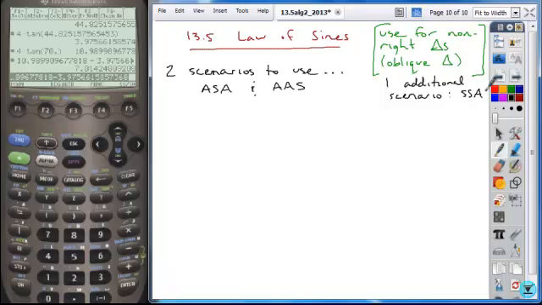So what this means is, let's say you have triangle ABC, and here, when I'm working on these, lowercase a, b, and c represent the sides opposite the angles with the same letter.